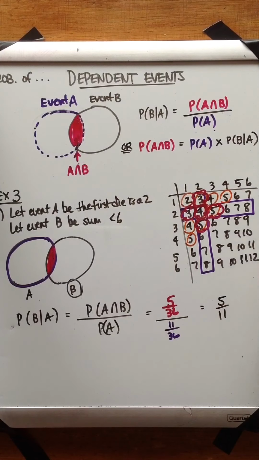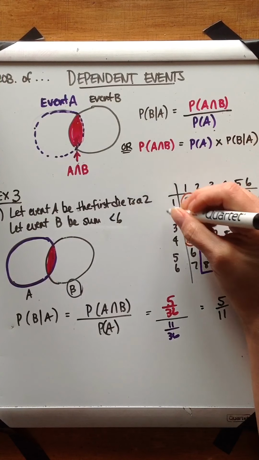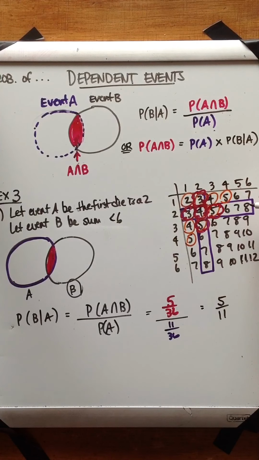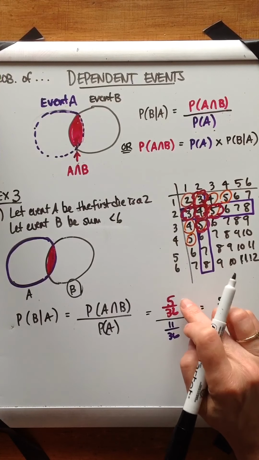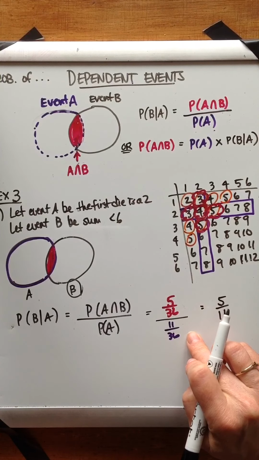Well, it does, because instead of having 11 possibilities now, you're only going to have the 2 in one direction. It just depends if I call this the first die up here or this the first die up here. It doesn't matter, I'm still going to have 6 options instead. So how does that change the calculations? Well, I'm not going to have as many overlaps, and I'm not going to have 11 out of 36 anymore.